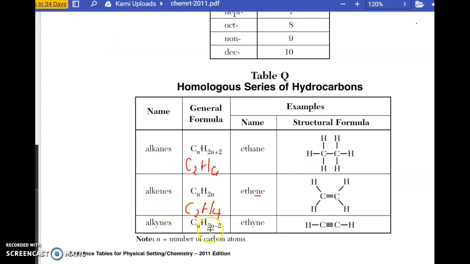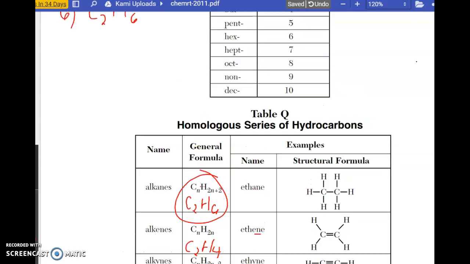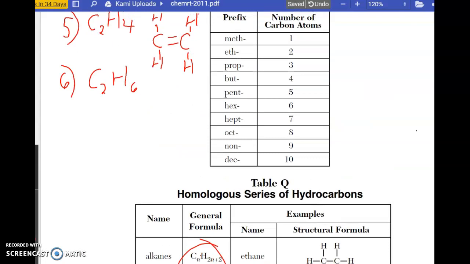For the alkyne, we have C2, and again plugging in 2 for N, it would be 2 times 2 minus 2, which would give us 2. So it fits the alkane formula, so it is an alkane.